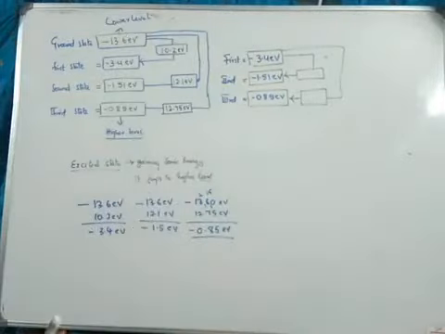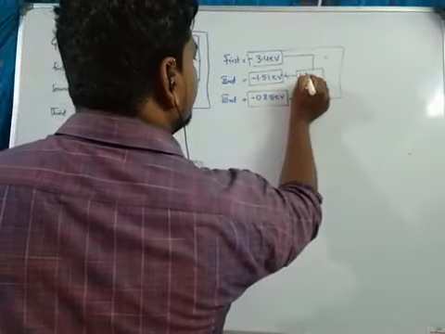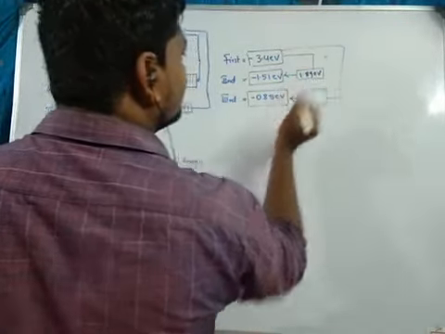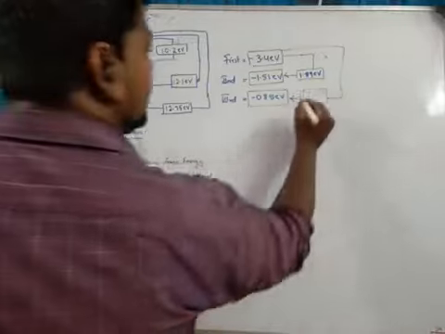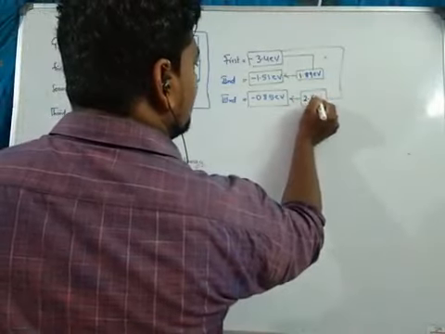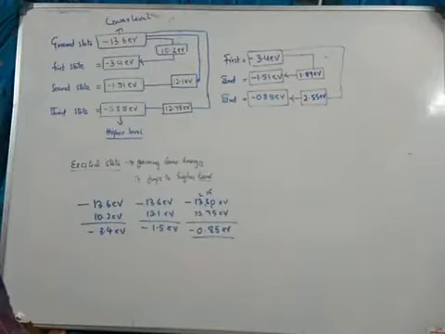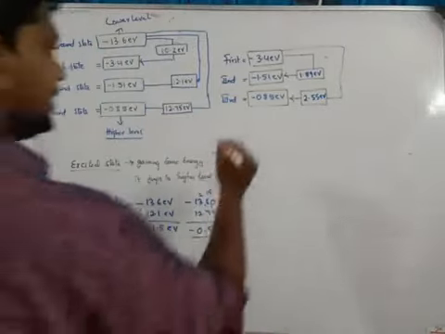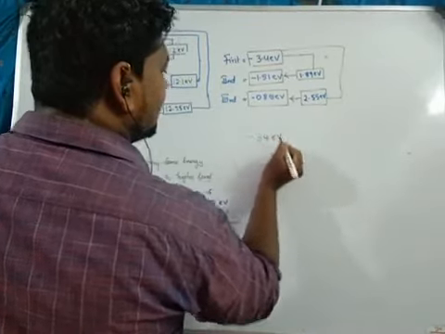How much energy must it gain to go to the next state? If it gains 1.89 electron volts, it jumps from the first to the second state. Similarly, 2.55 electron volts means it jumps from the first to the third state. Again we have minus 3.4 electron volts.